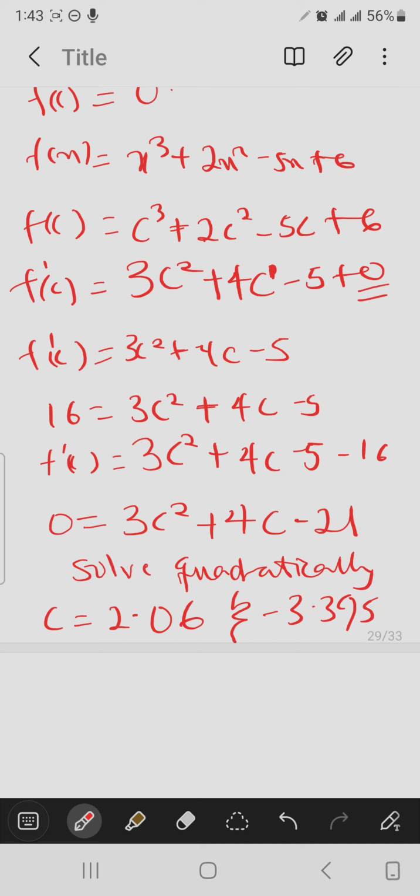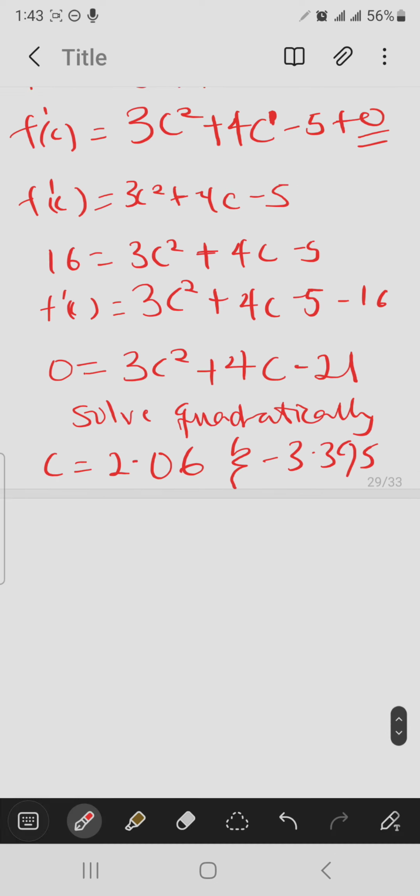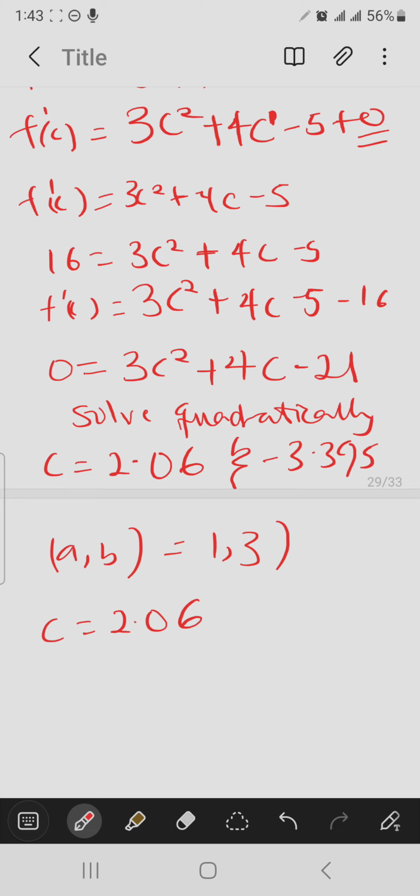And your a comma b is 1, 3, and your c is 2.06. You know that this value falls between 1 and 3. This one does not fall between 1 and 3, because this one is minus. It's going to be less than 1, and it's far from 3. So your answer is going to be 2.06. That's going to be your answer.